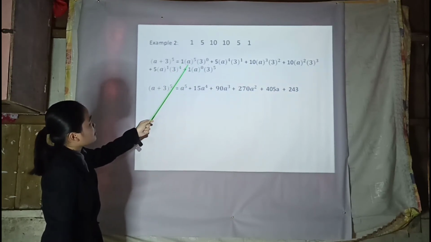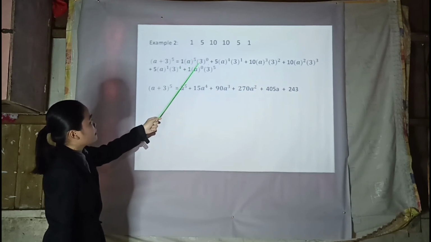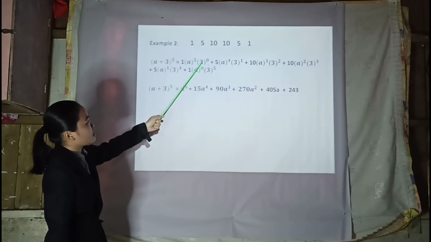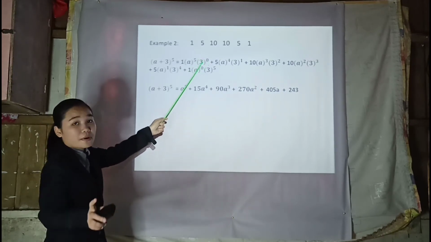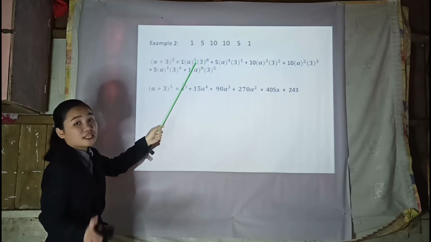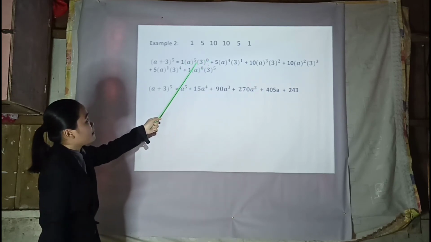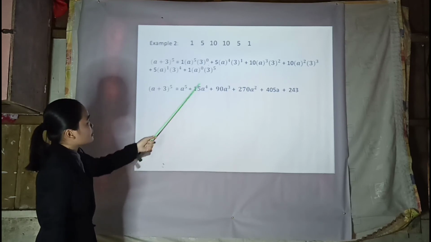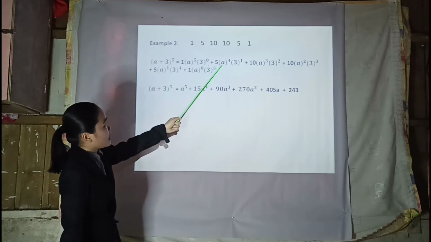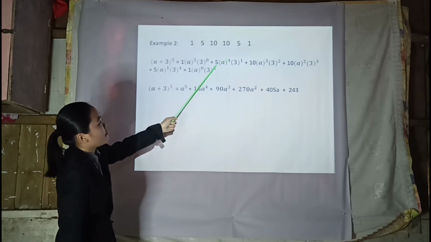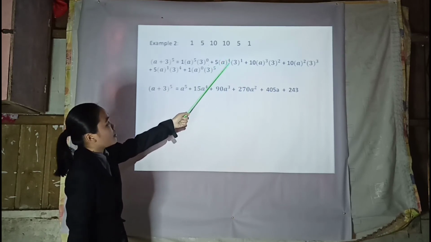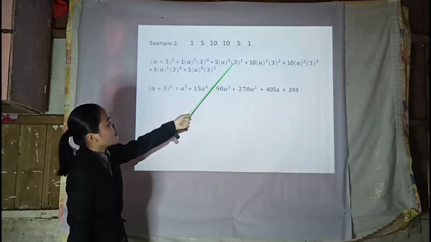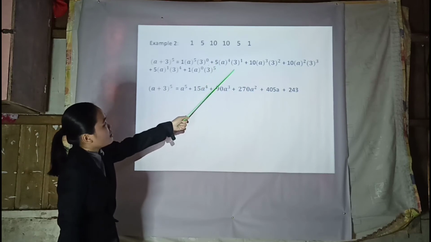So 1 times a raised to 5 is equals to a raised to 5. The b here, which is 3 raised to 0, any number with exponent 0 is equals to 1. So a raised to 5 times 1, the answer is a raised to 5, plus 5 times a raised to 4, so we have 5a raised to 4 times 3, because the exponent is only 1. 5 times 3, 15.